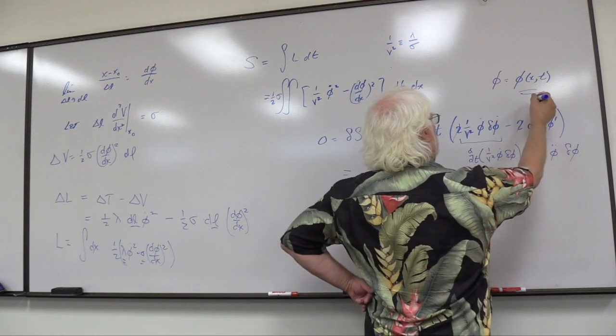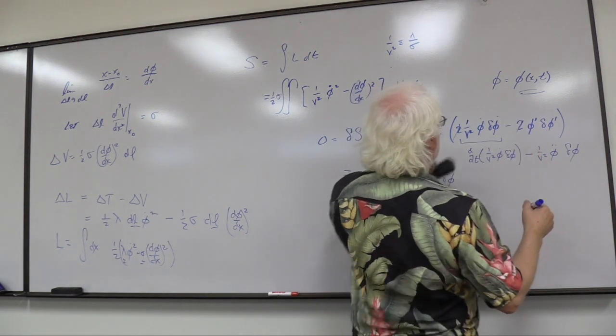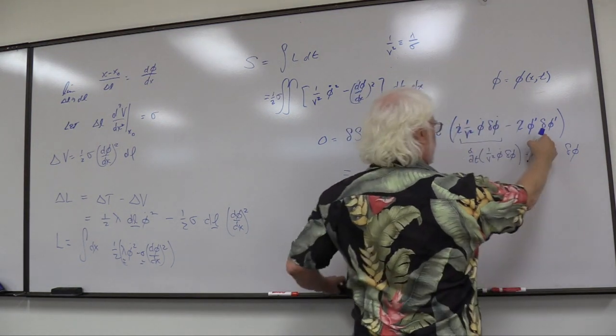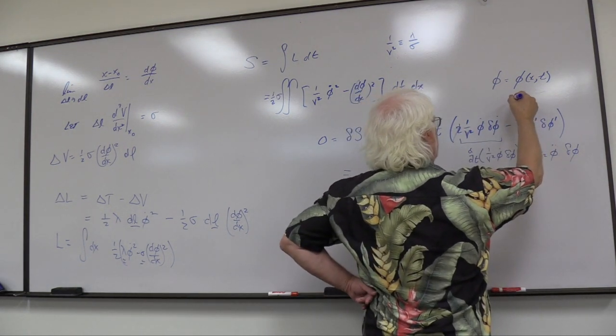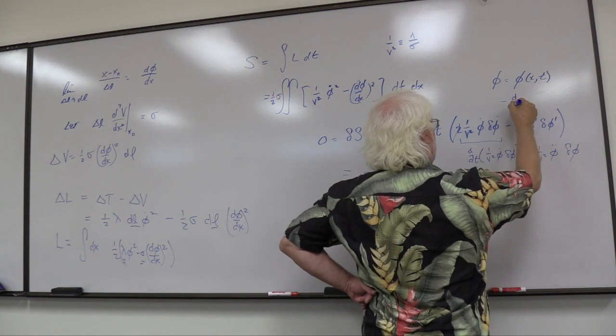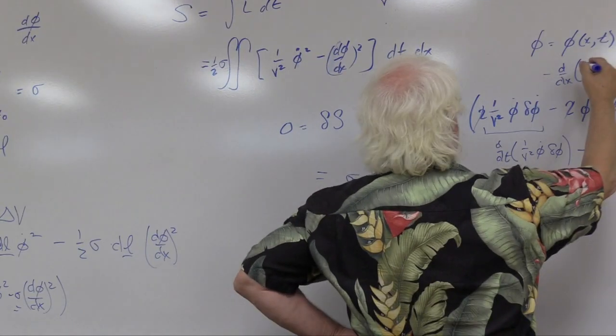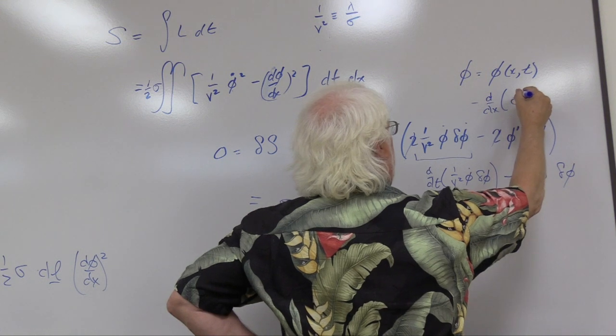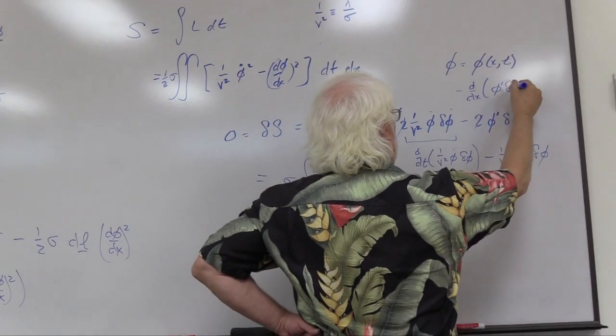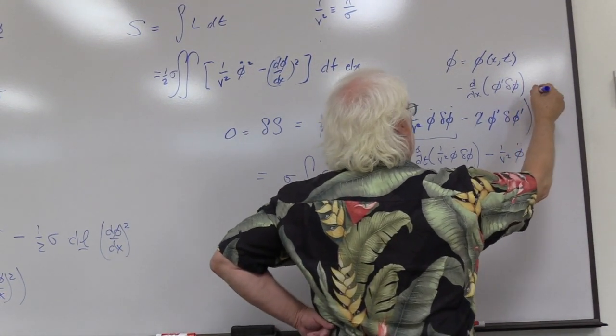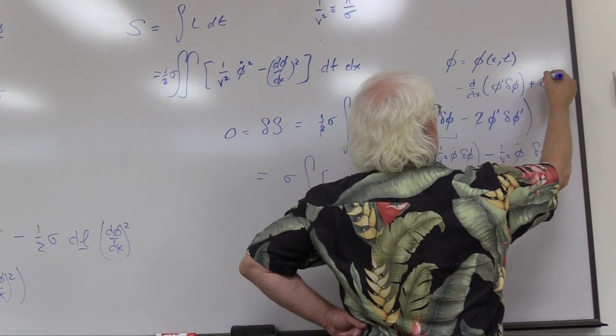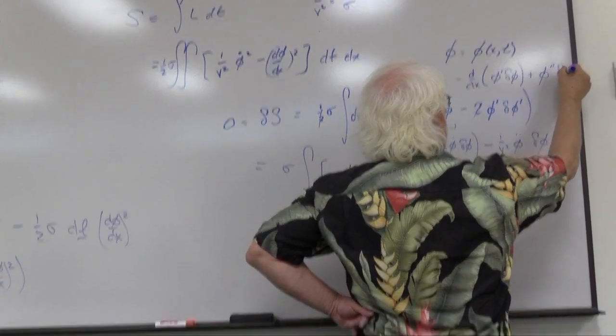We do a similar thing for the potential, for the spatial derivative. I can write this as minus d dx of phi prime del phi, where I have to add back in phi double prime del phi.